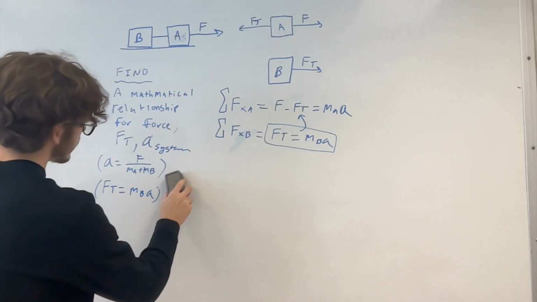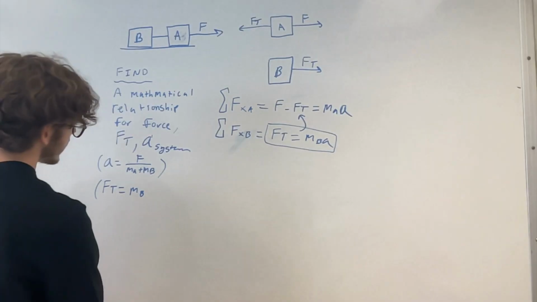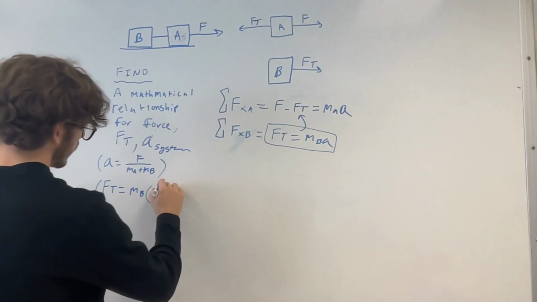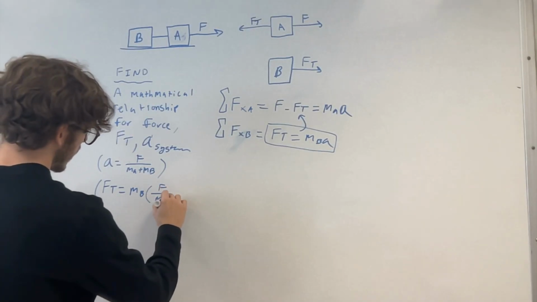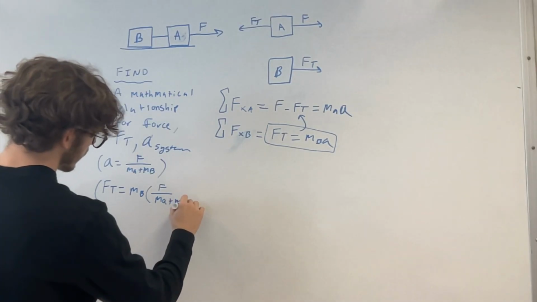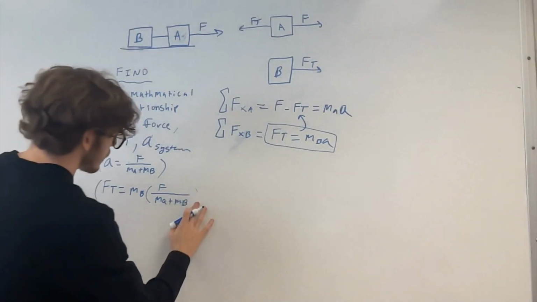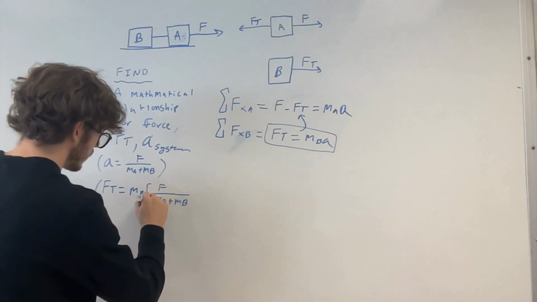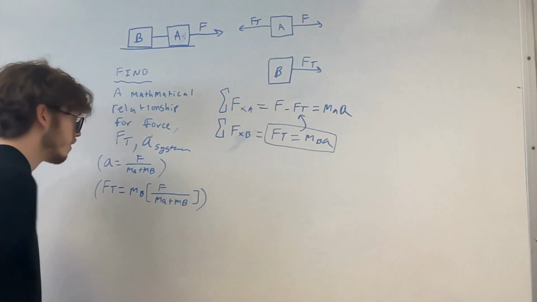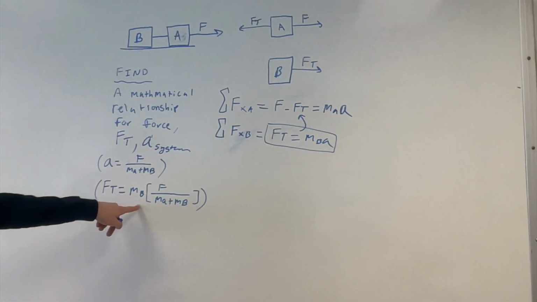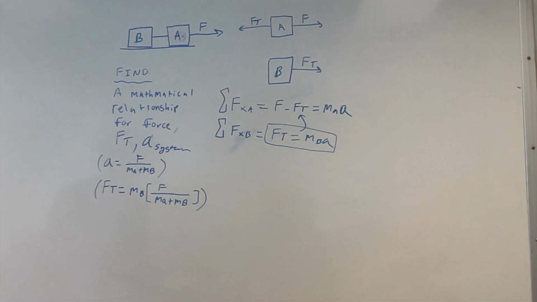Force over mass of A plus mass of B, right? So that's how we can find the force of tension. And let me put square brackets on this so you don't get confused. Force of tension is equal to the mass of B times the force over the mass of the system. Makes sense.